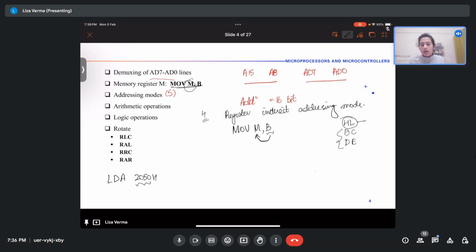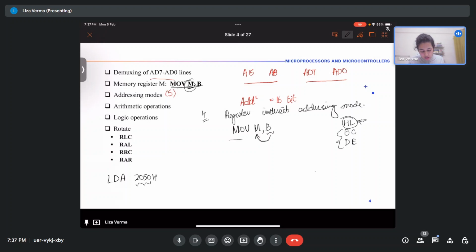B and C can be mentioned separately. You can write them differently. But if in an instruction M is given, it is directly understood by the microprocessor that the address of the location is stored in the HL pair.